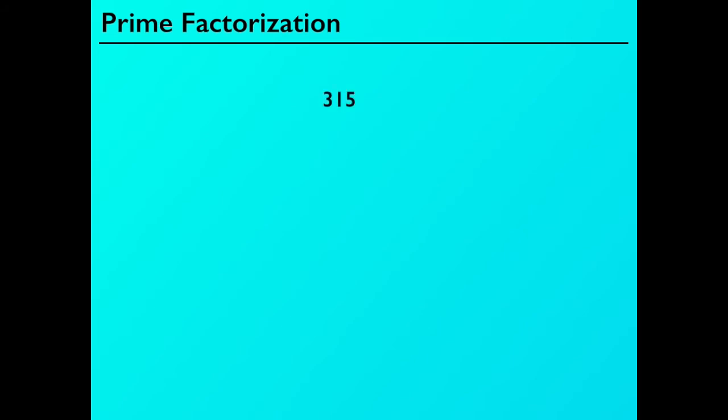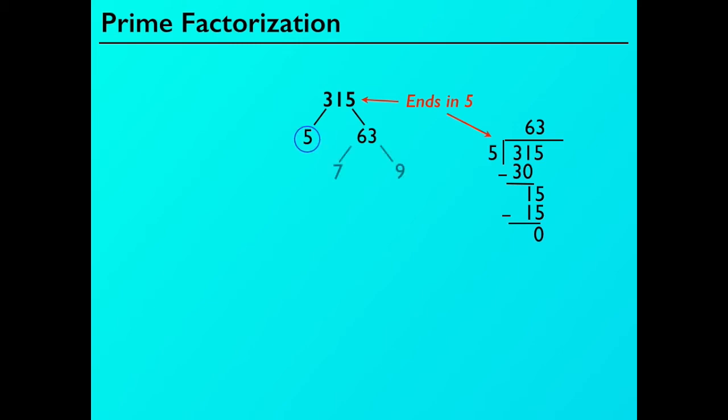Let's try another example. 315. My clue here is 315 ends in 5, so I know it must be divisible by 5. So I know factors of 315 are 5 and 63. Factors of 63 are 7 and 9.